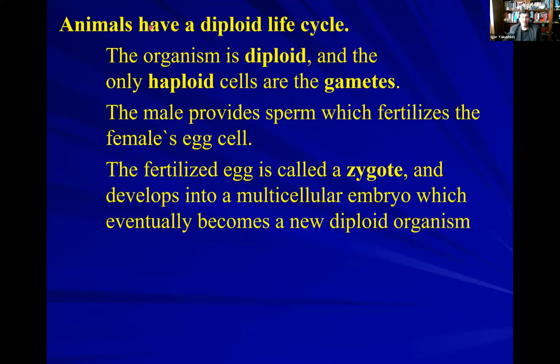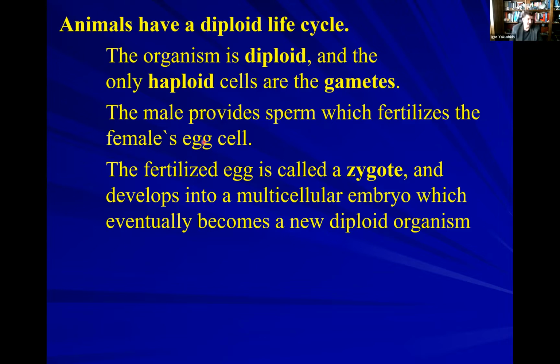So animals have a diploid life cycle. Whenever you're looking at an animal, unless you're looking at the egg or the sperm, you're looking at a diploid organism. Easy compared to the plants, right? The only haploid cells are the gametes, the egg and the sperm. The male provides the sperm, which fertilizes the female's egg.